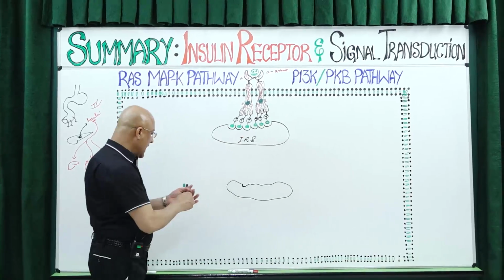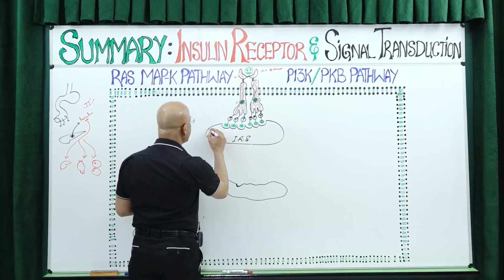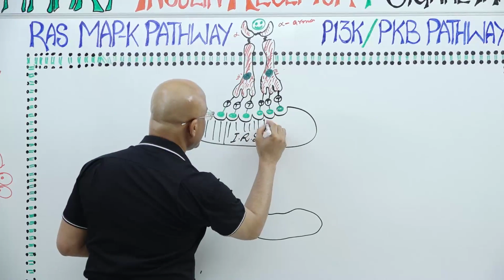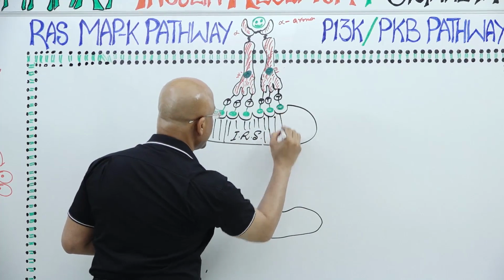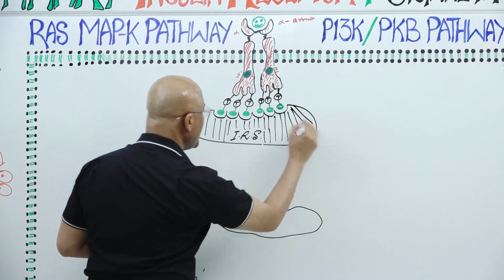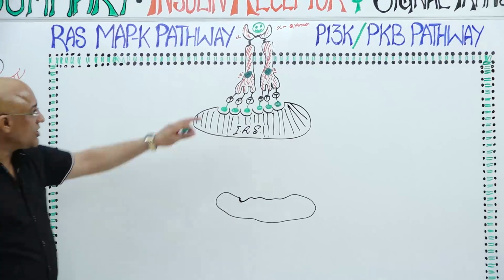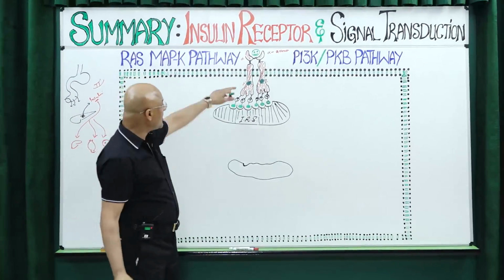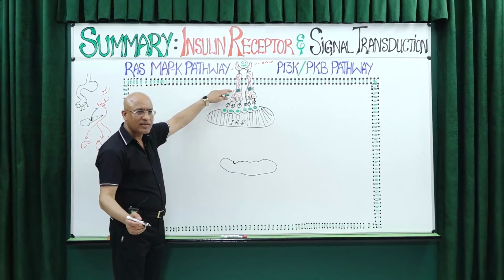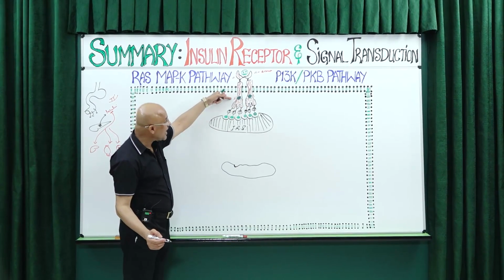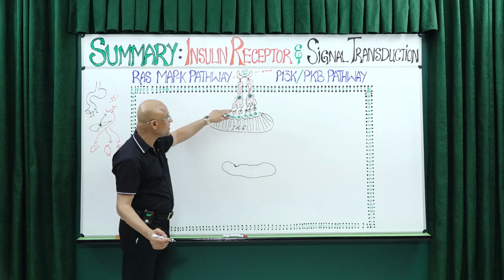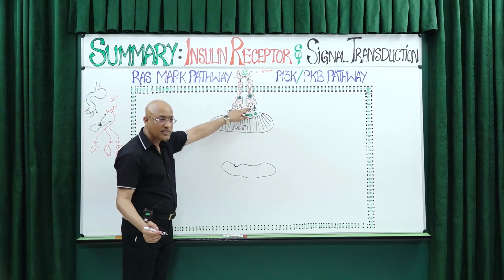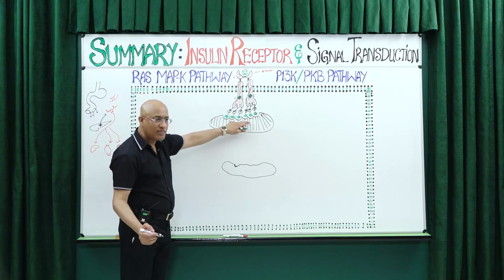Once this IRS binds over here, you know that these hot and sticky legs are very naughty legs. Now these legs will start action on the IRS. This enzyme, what was the name of this enzyme? Tyrosine kinase.